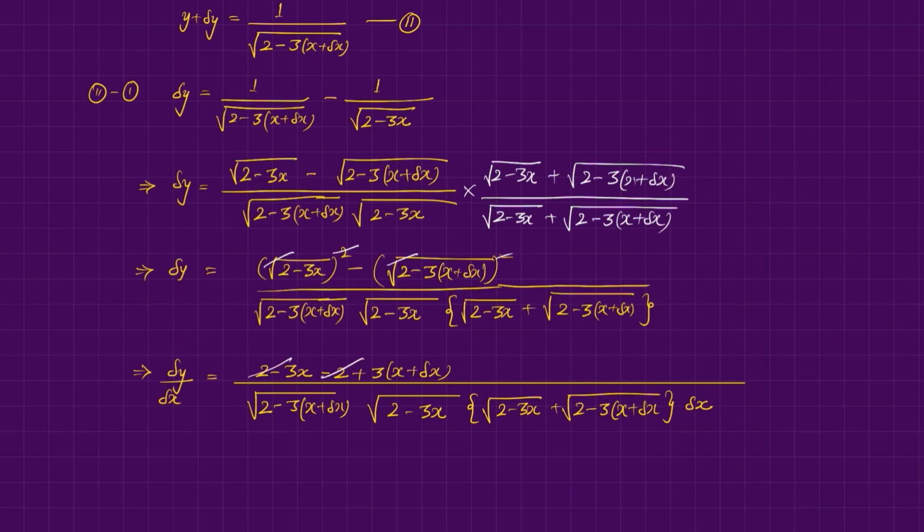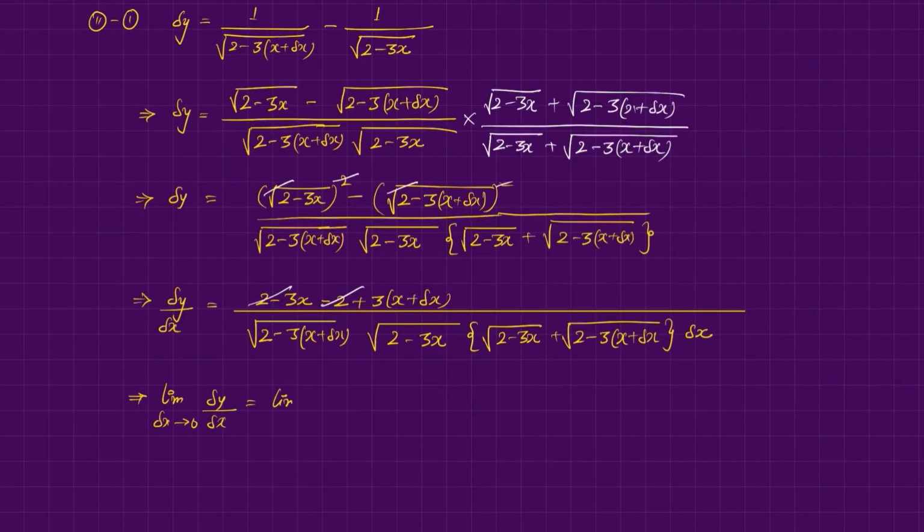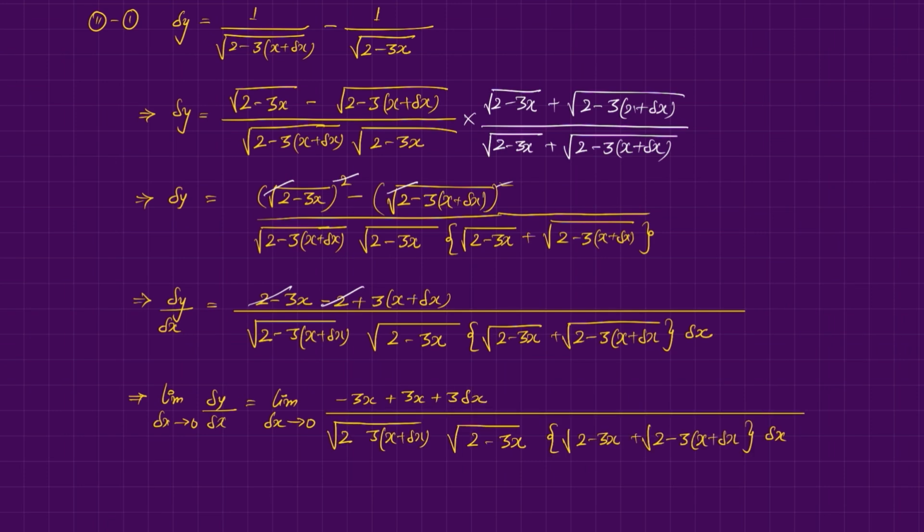In next step, let us put limit also. It will be limit delta x tends to 0, delta y over delta x equals limit delta x tends to 0 of minus 3x plus, let us open the bracket, 3 times x plus 3 times delta x over this much.